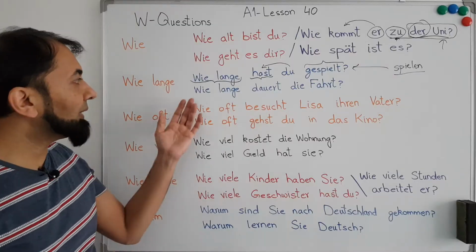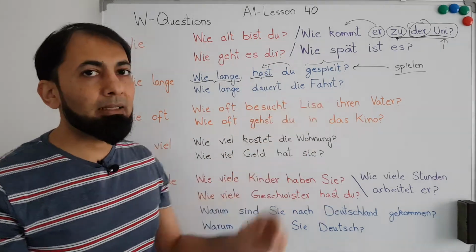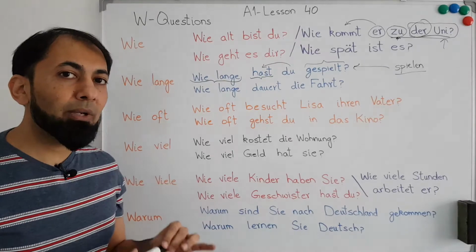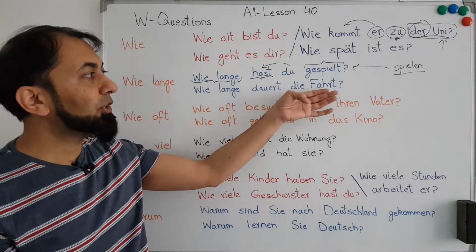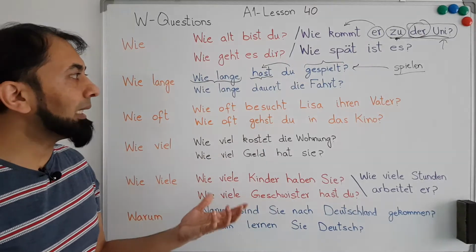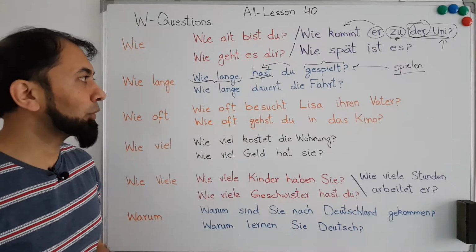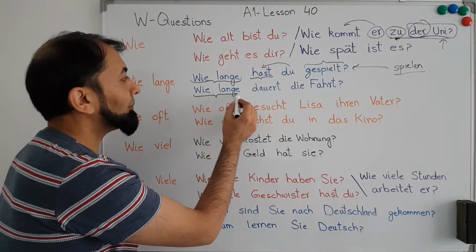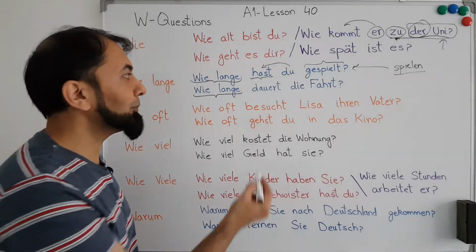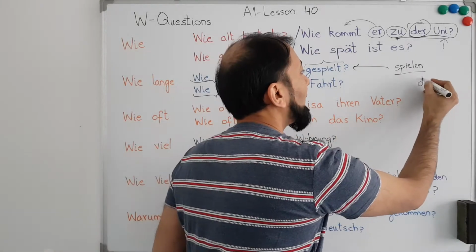The next example of wie lange is: Wie lange dauert die Fahrt? How long will the journey or the drive take, or what is the duration of the drive? You can also say it like this. So again, wie lange will come at the first position. At the second position we have used a German verb called dauern.